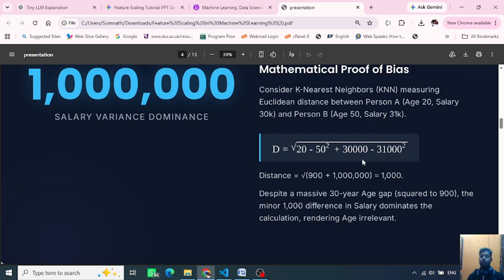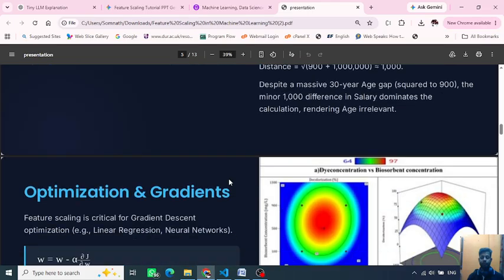You can see it gives priority to the salary. This 1000 indicates it is prioritized on the salary, not the age, right? So that's why scaling is needed. If we scale the values to the same level, it will equally prioritize all the features. I will show you in an example.